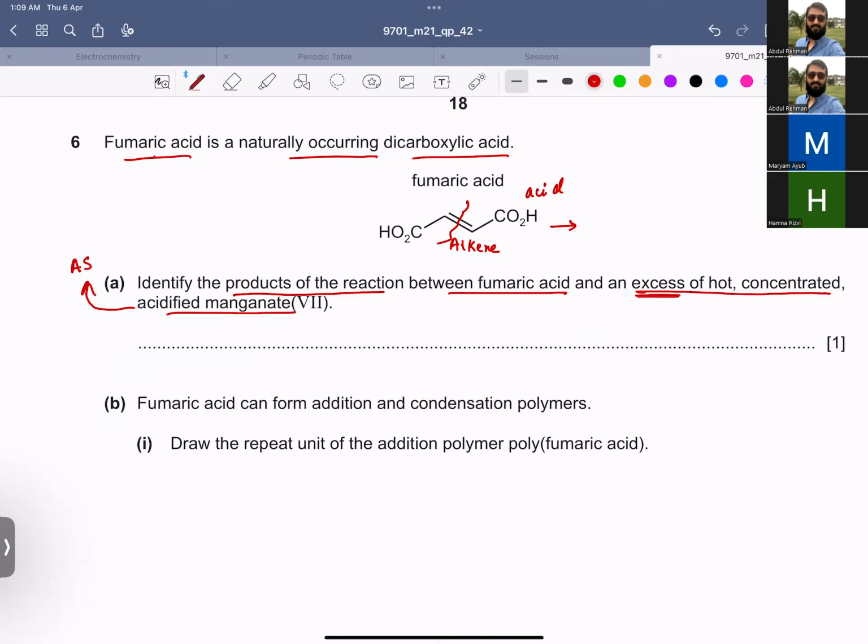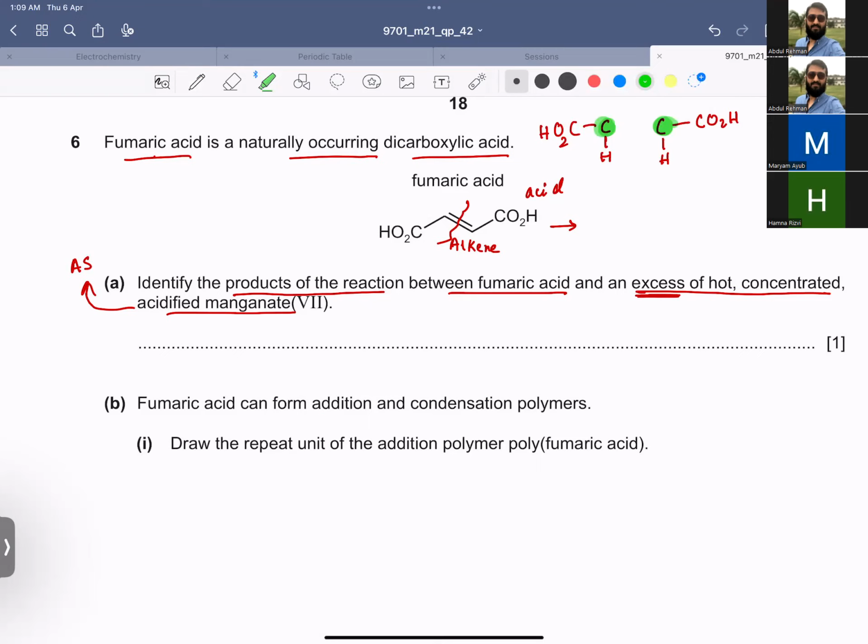So think, when this is broken down, we are left with a carbon which is bonded to a carboxylic acid, and that carbon has a hydrogen. And the other molecule has the same thing, a carbon bonded to a hydrogen and a carboxylic acid. So can anybody identify in which functional group these carbons are going to convert?